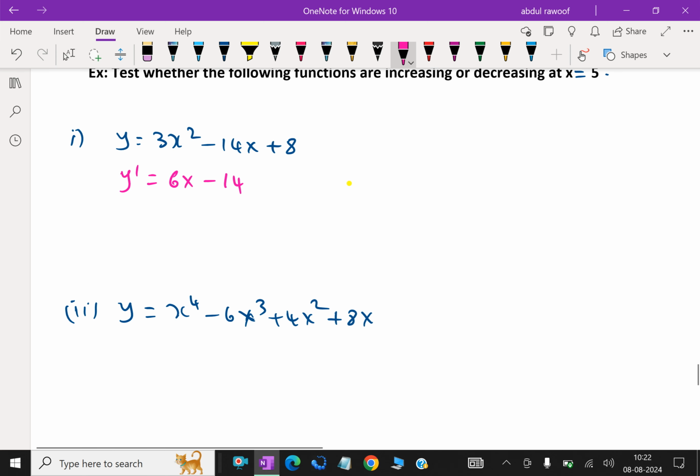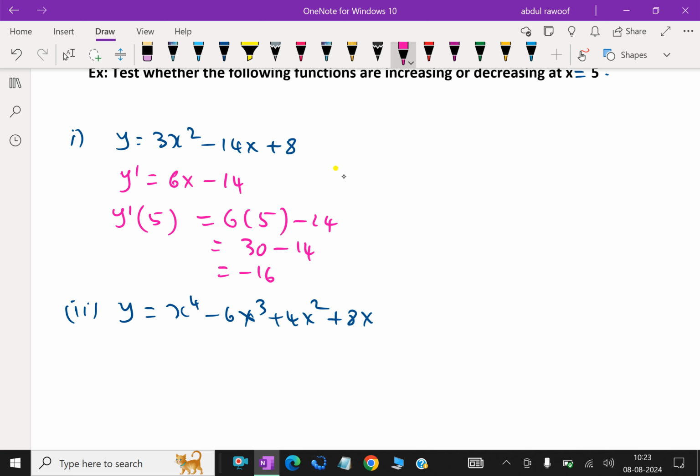Now substitute y dash at x equal to 5. 6 into 5 minus 14. 6 into 5 is 30, minus 14 is minus 16.